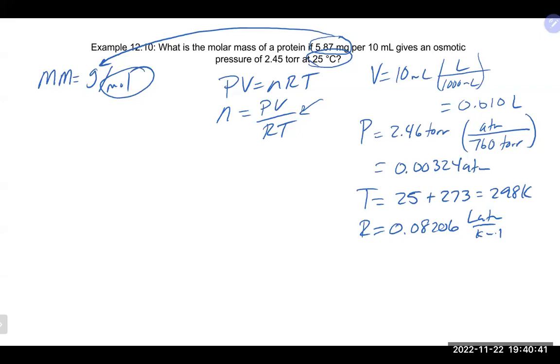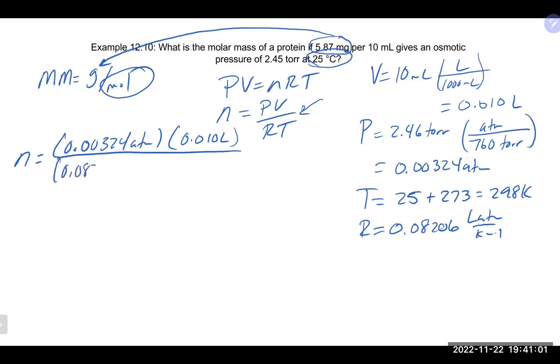So to do that, our moles would equal our pressure, which was converted to atmospheres, 0.00324 atmospheres, times our V, which was also converted to liters, 0.01 liters, divided by our R and our temperature, which again is converted to Kelvin here.